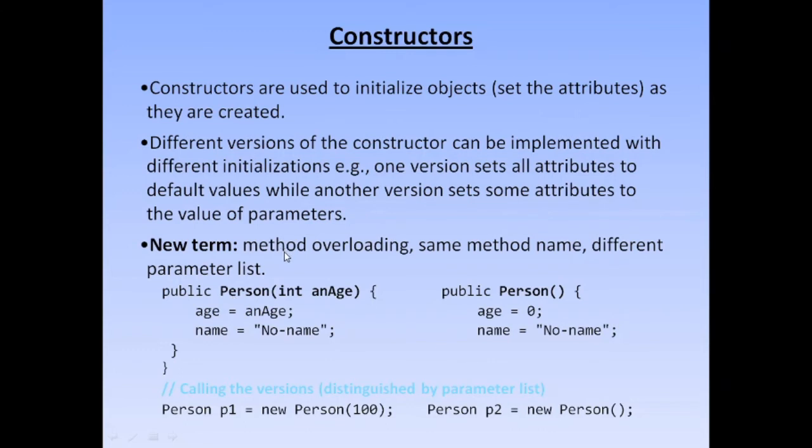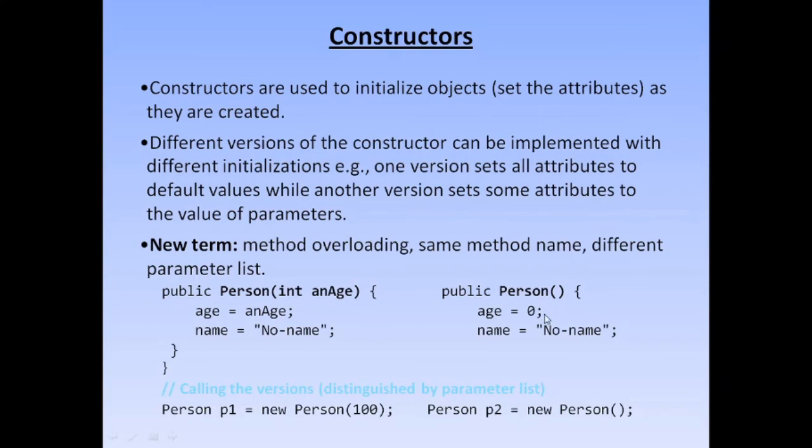This is method overloading: same method name, different parameter list. Overloading means we have the same method name and different parameter lists. So in this example, as you can see, public person int an age and public person, the method person has the same name in these two examples, but in this one it has an attribute of type integer, and here it does not have any argument.